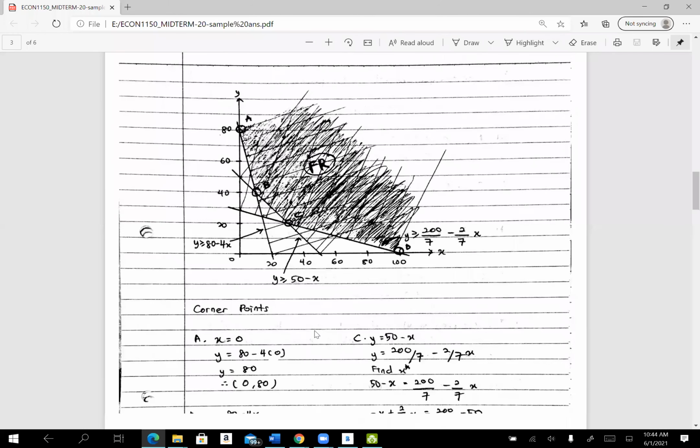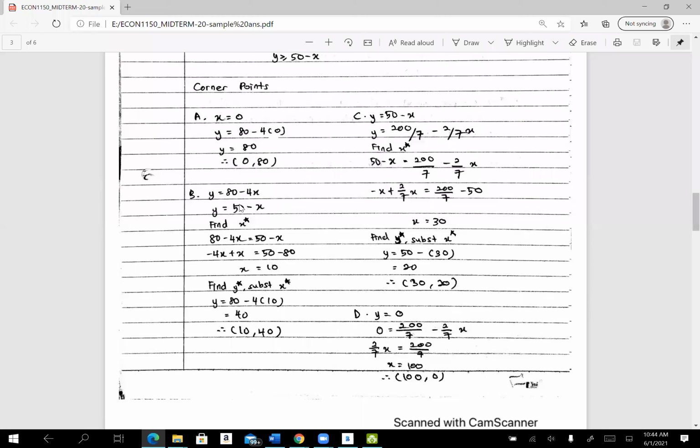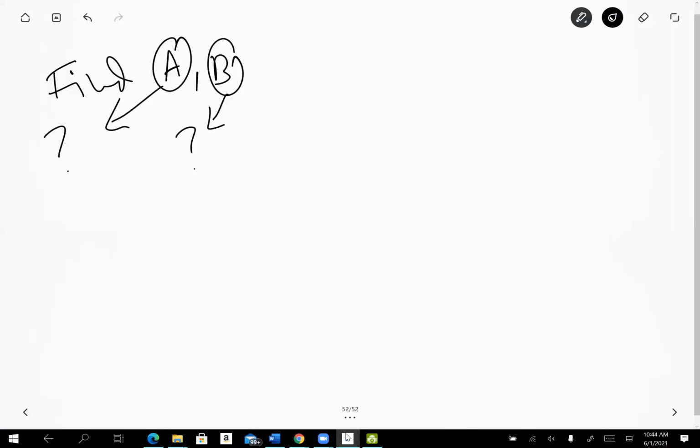Now, she's already simplified the equation, which is good. So actually for point B, if you just refer to the original equation, A is already good. You need to find B, which is a system of 2 equations. Then you find C. This one you need to find.